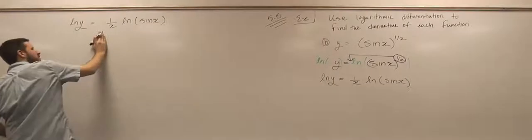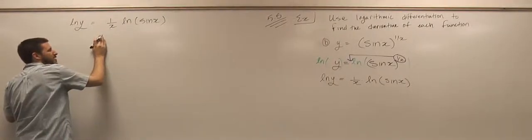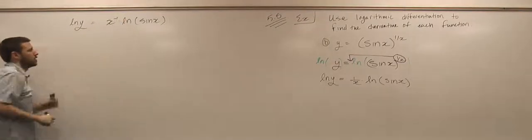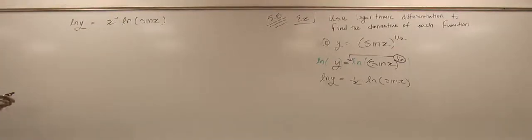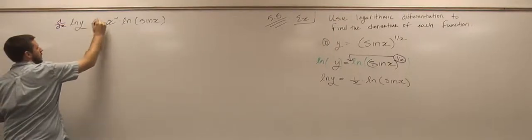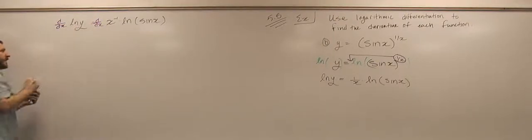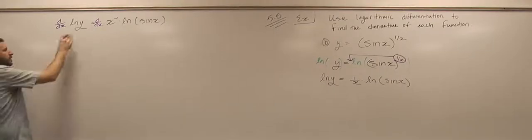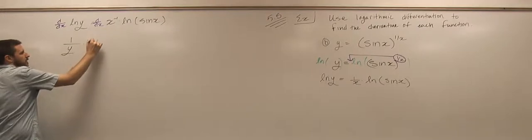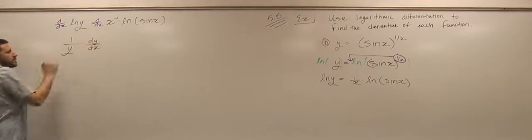If I were going to do product rule, I would probably change 1 over x to x to the negative 1. So then when I do the derivative on both sides, left side is easy. Derivative of natural log is 1 over whatever's inside times the derivative of the inside.